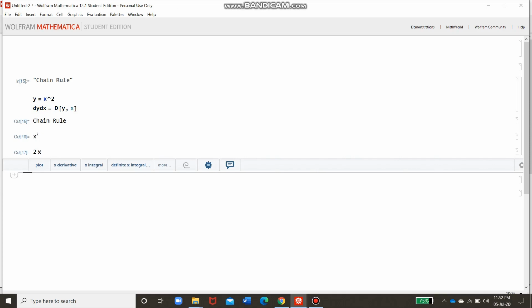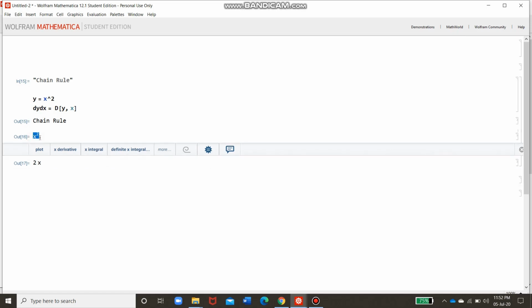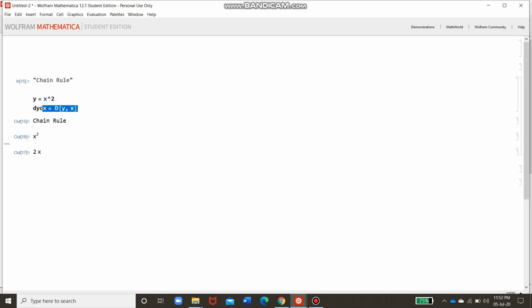So y is equal to x squared is your output, and dy by dx is 2x. So if I want to differentiate it further, which is d squared y by dx squared, I'm going to do a D with respect to y.